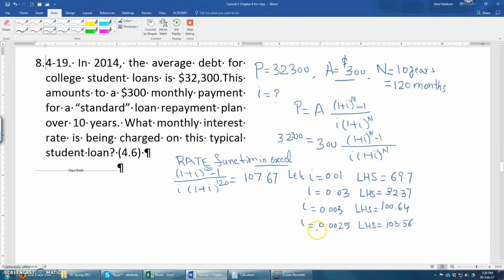I can go with one more trial, maybe 0.002. I hope that this time I will get a very close value. I get a value of 106.59, which is relatively close to my target value of 107.67.